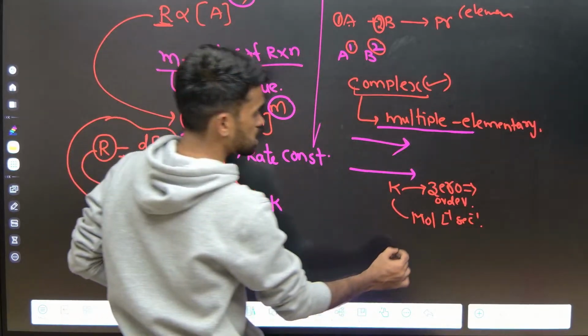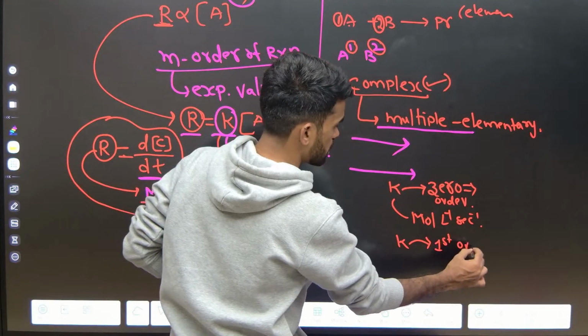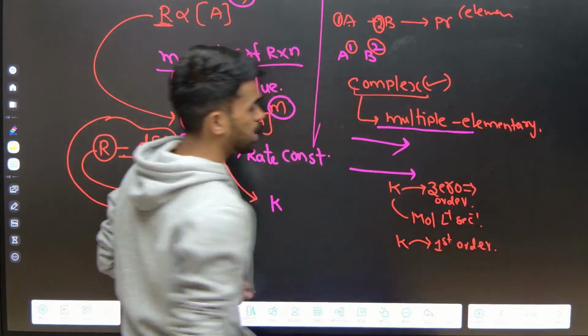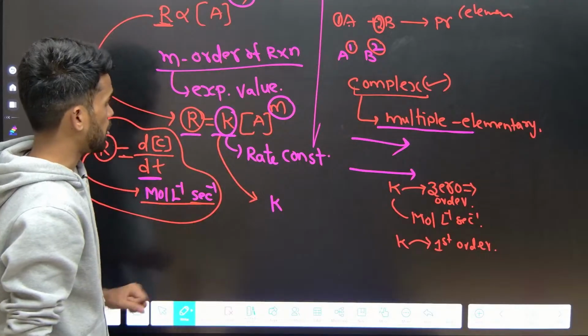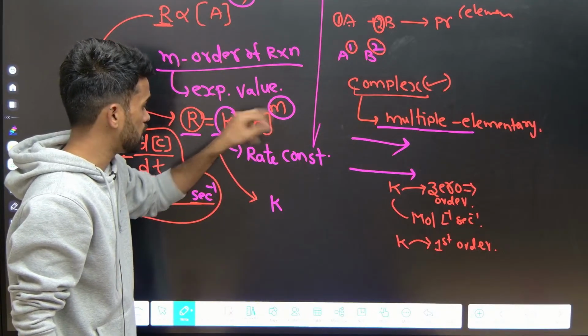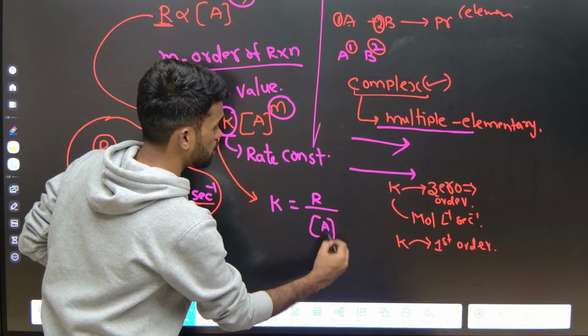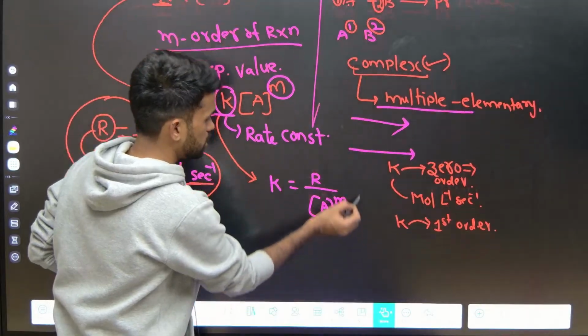Similarly, they will ask what the units of K are for a first order reaction. It is also very simple. Put the value of m as 1, so you get R divided by A to the power m. Let us generalize this.